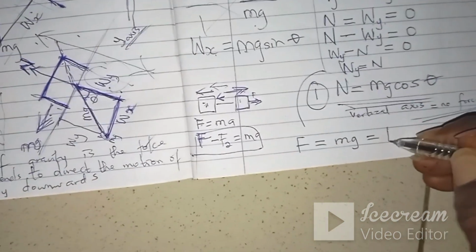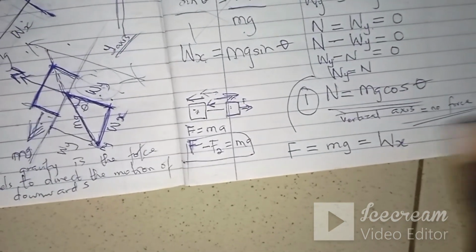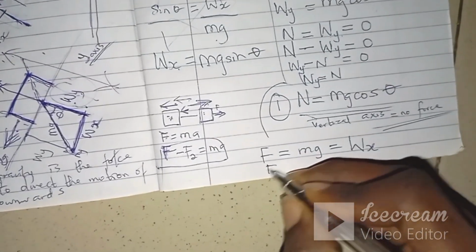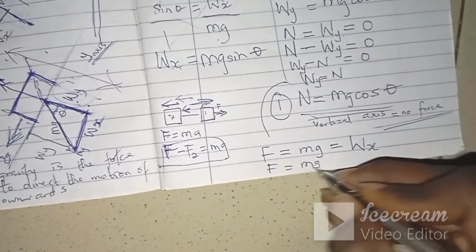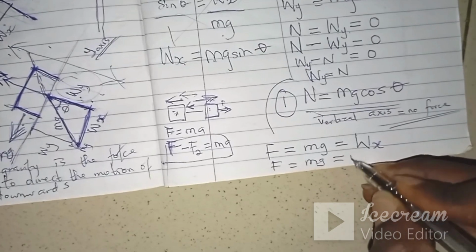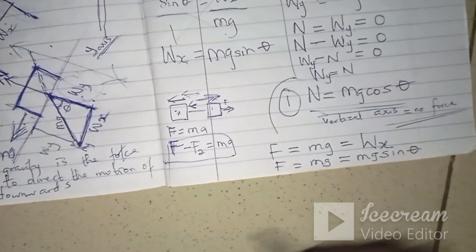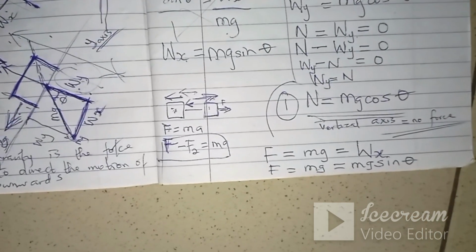So I can say F equals mg, depending on the question, equals mg sine theta. It depends on what I'm given in that question.